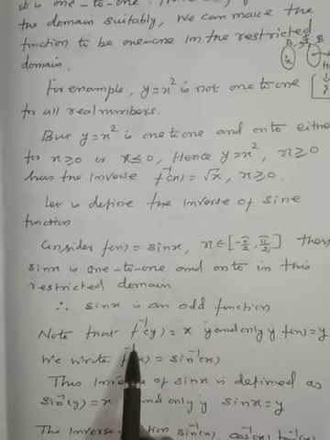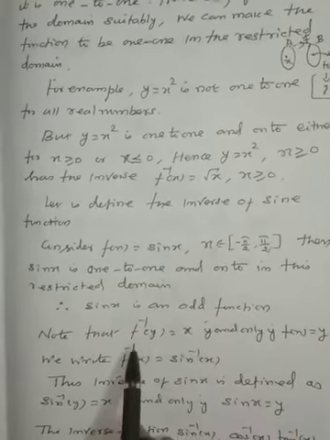Now, example 3.11. Find the principal value of sine inverse of 1 by root 2. Let sine inverse of 1 by root 2 be equal to theta. Theta varies, in this case, from minus pi by 2 to plus pi by 2.